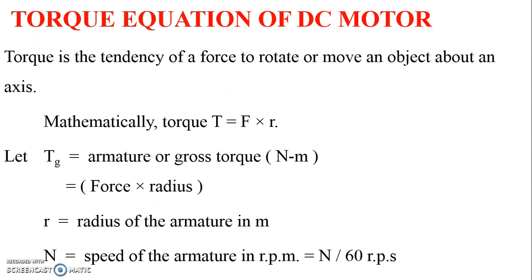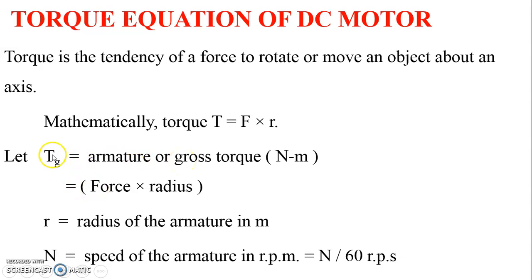Next we see the torque equations of the DC motor. Torque is the tendency of a force to rotate or move an object about an axis. Mathematically, torque can be expressed as the multiplication of force into radius. Let us consider Tg as the armature or gross torque.